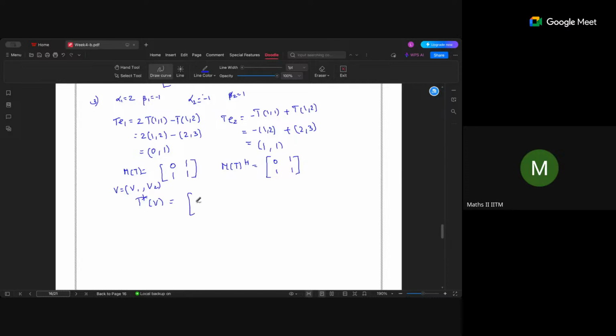So you take 0, 1, 1, 1 and multiply it with V1, V2. That's all. So you will get V2, comma V1 plus V2. This is T star V. If you want to specifically write it, this is how you will write. Okay. Clear?